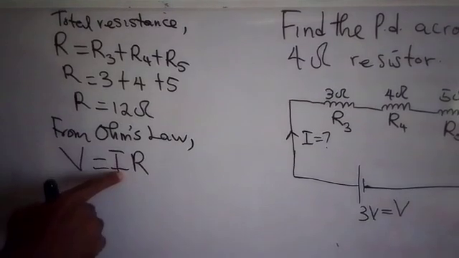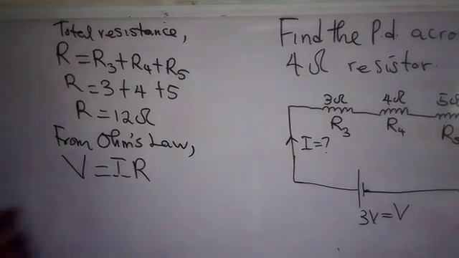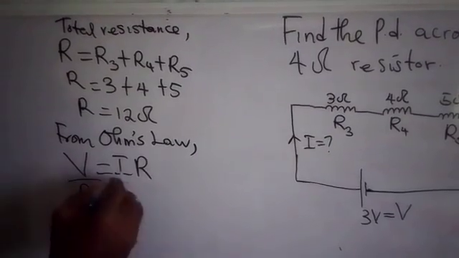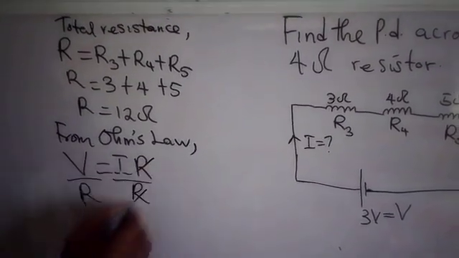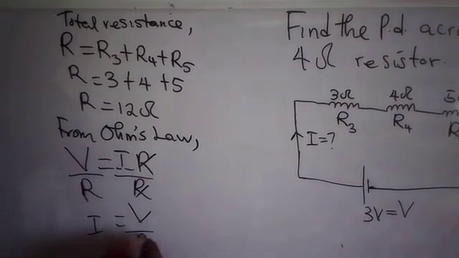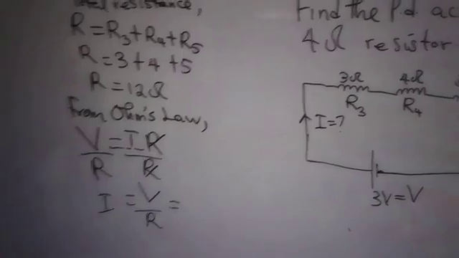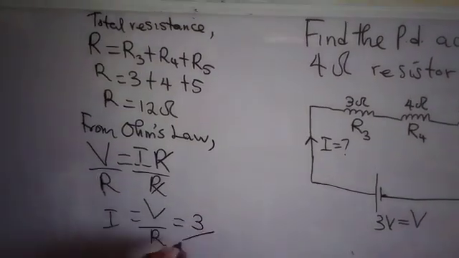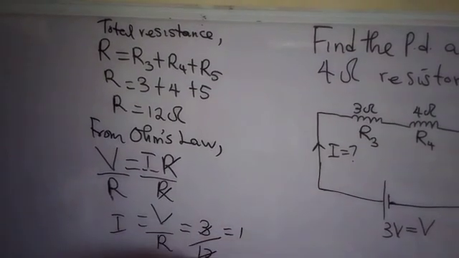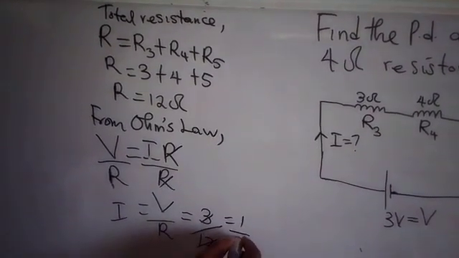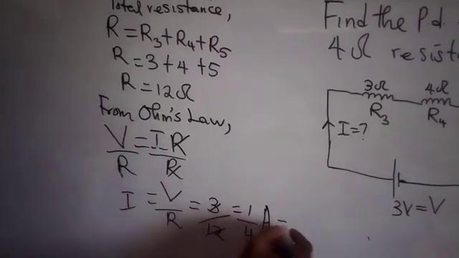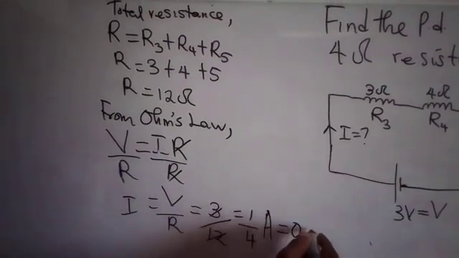So I can easily make my total current the subject of the formula, dividing both sides by R. So I have my total current as total voltage divided by total resistance. What is my total voltage? 3. What is my total resistance? 12. 3 divided by itself is 1, 12 divided by 3 is 4. So 1 over 4 amps is the total current, 0.25 amps.